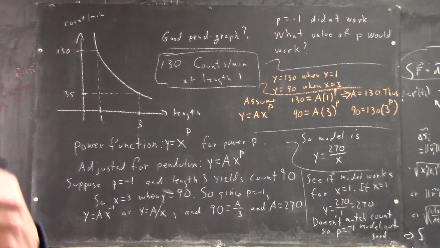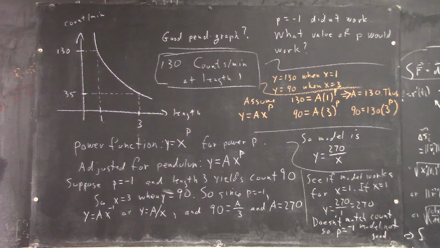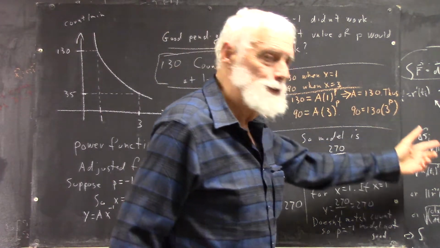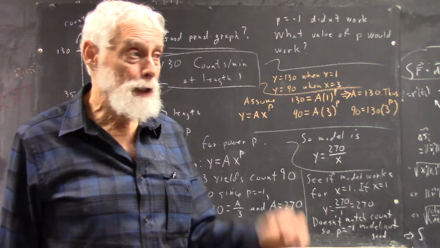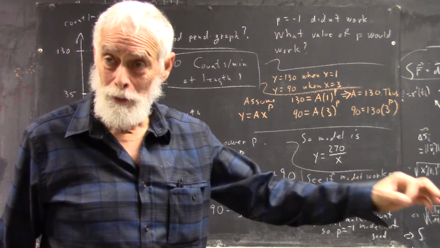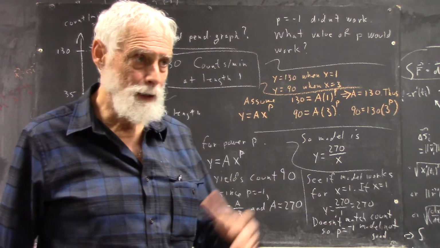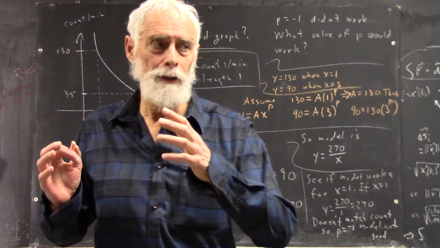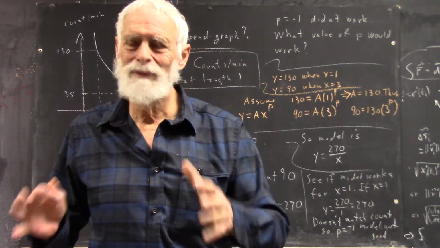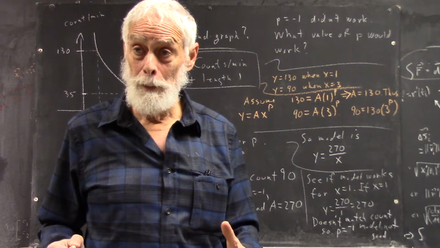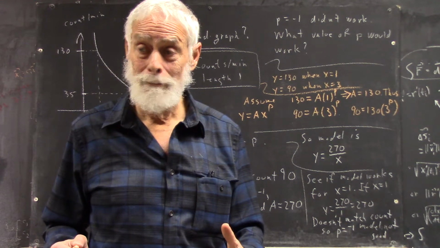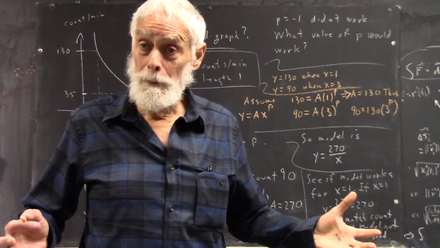If you haven't done logarithms, then you're clueless as to how to solve this, so we're going to have to learn to do that. But we're not going to bother with that for about another month. Okay, there's a lot of other things we need to do to even get to the point where we can have a good understanding of what logarithms are. Okay? So we got to do that.